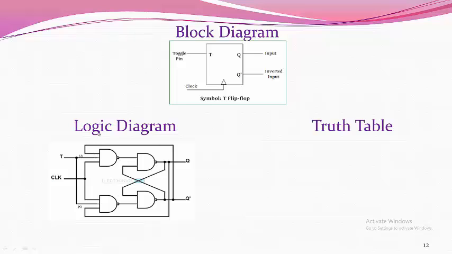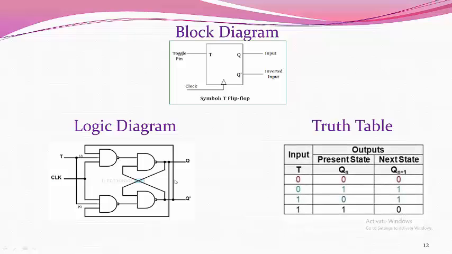After that, here we are combining S and R, both inputs together, and we are applying T input. For both NAND gates, we are using the clock signal so that the flip-flop will respond. Now we will see the truth table, that is the function of this toggle flip-flop.